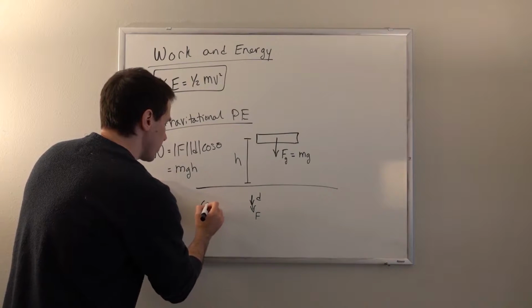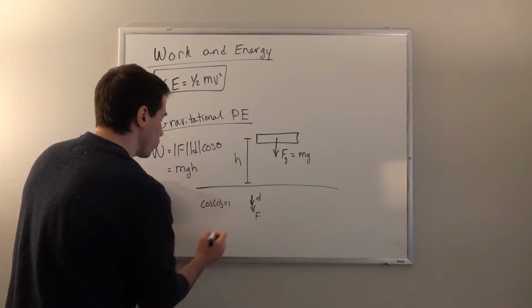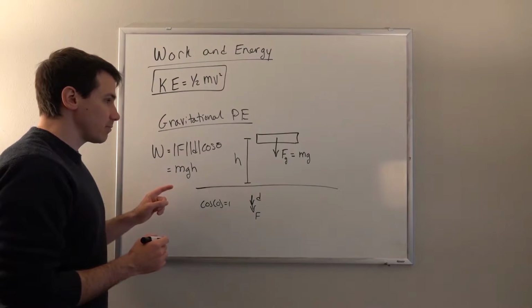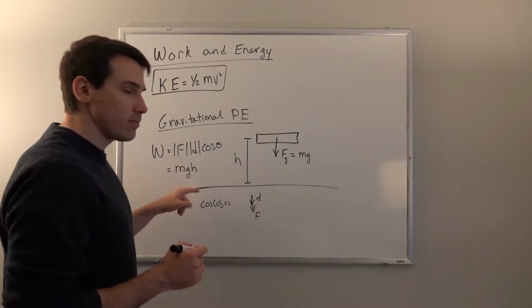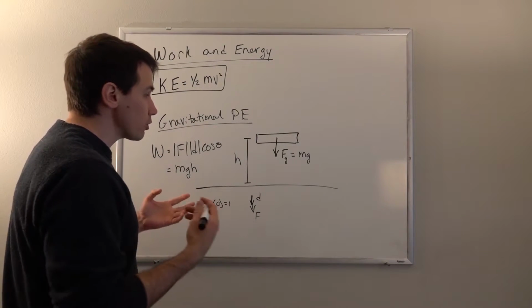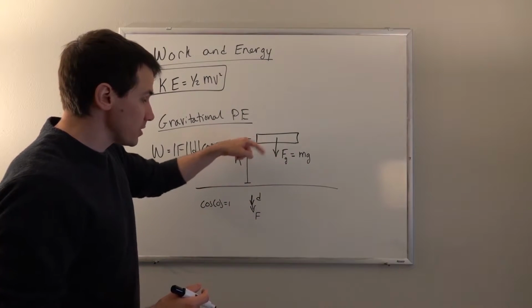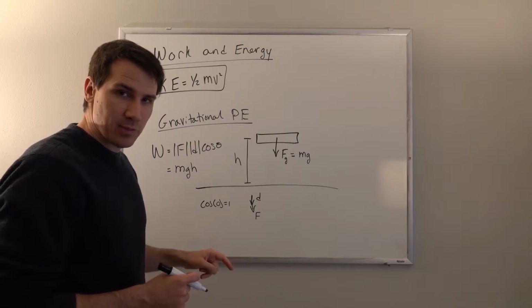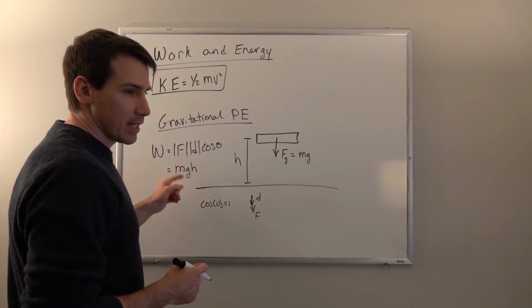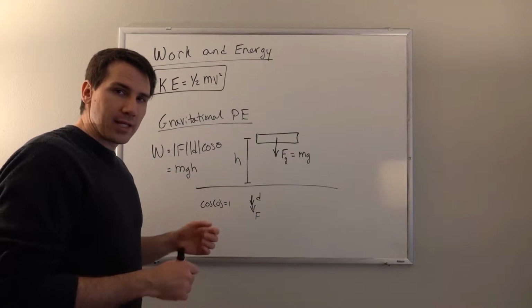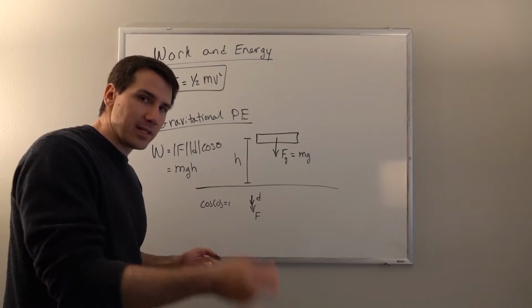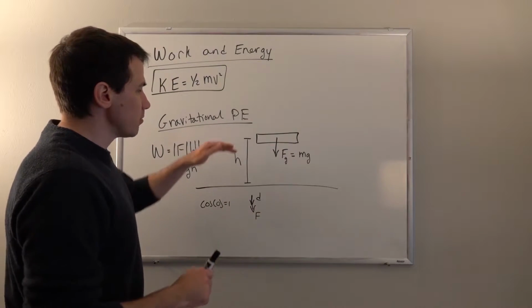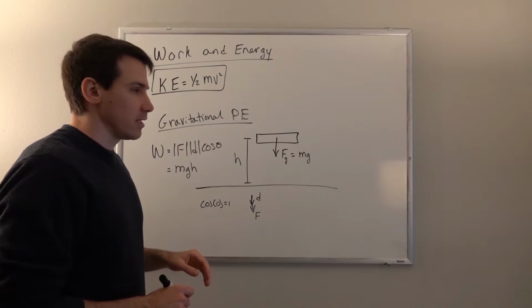And we can just remember that the cosine of 0 is 1, which means that the work done by gravity here is mgh. The work should be positive because the force is in the same direction as the displacement, and it has a magnitude equal to mgh. That is the mass of the object multiplied by the acceleration due to gravity multiplied by the height through which it fell.